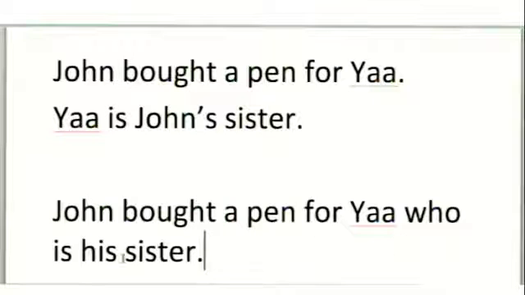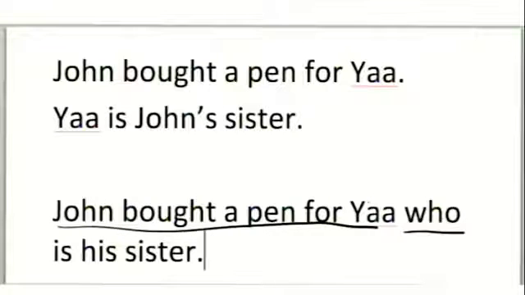In this sentence, we have two clauses because here we join the clauses with who, which is a relative pronoun. So we have our first clause, which is John bought a pen for Ya. And then the second clause, we said what? Ya is John's sister.